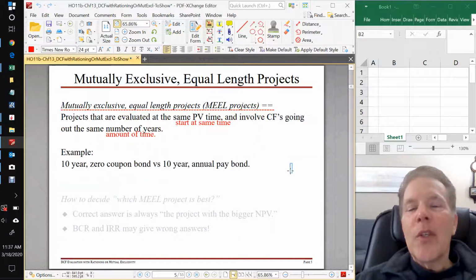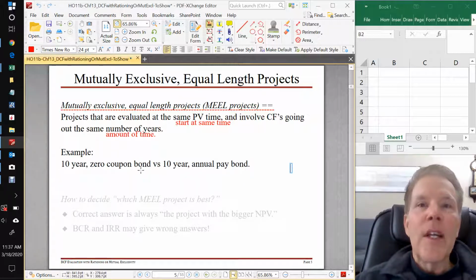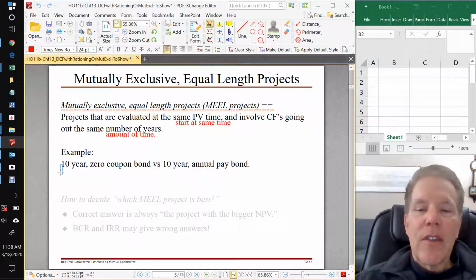Okay, so let's look at some examples. So here would be two projects we could look at. One would be a 10-year zero coupon bond versus, on the other hand, a 10-year annual pay bond. So with this bond, definitely there's only two cash flows, one at t equals 0 and one at end of year 10.